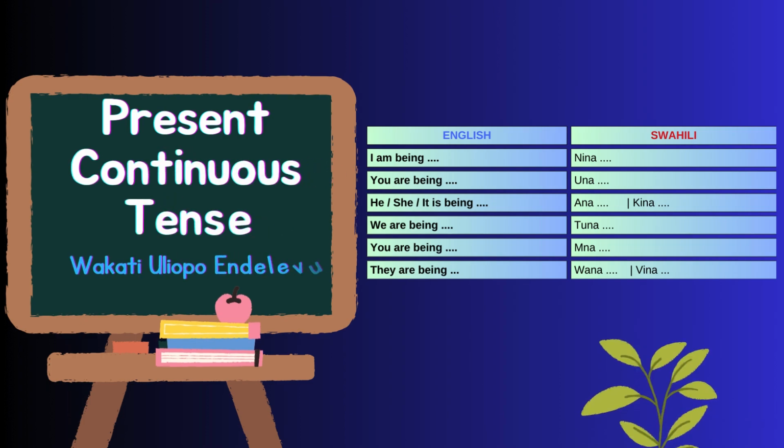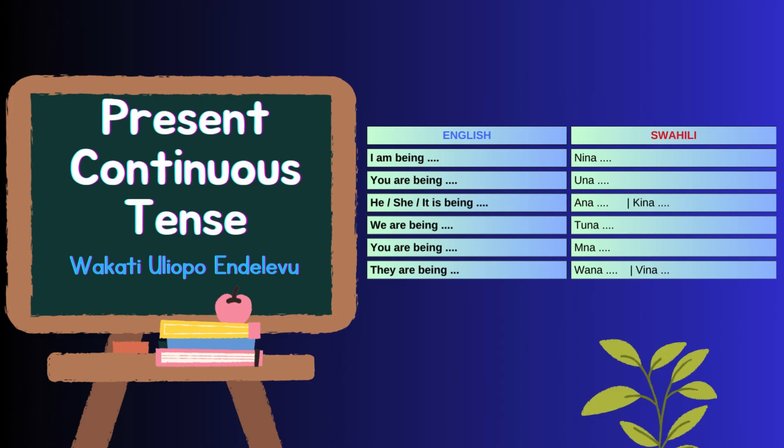Next, let's conjugate the verb to be in the present continuous tense. I am being. You are being. He, she, it is being. We are being. You are being. They are being. Let's practice with examples. I am being. For example, I am being kind.